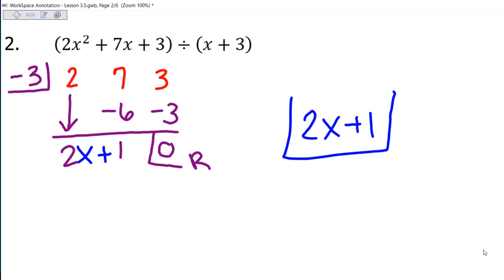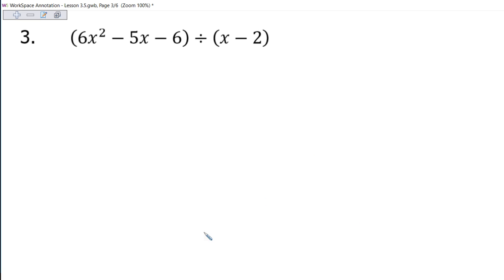Problem 3. Go ahead and copy down number 3. We have 6x squared minus 5x minus 6, and that trinomial needs to be divided by x minus 2.